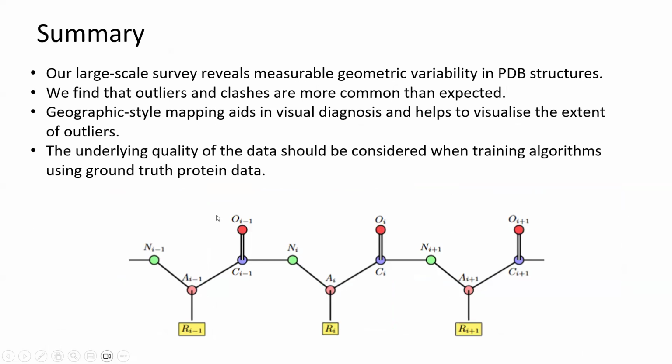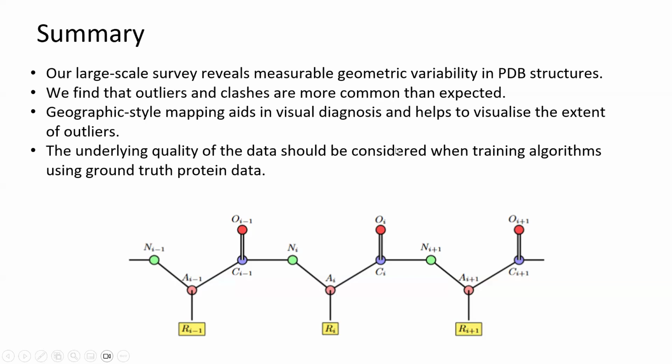So probably gone through that quite quickly, but just to summarize, we performed a large-scale survey which reveals measurable geometric variability within the PDB. We find that we've got a lot of these outliers and clashes, and maybe they're a bit more common than expected. We've used these geographic style maps that we showed in the last slides that aid in visual diagnosis of outliers and help us to visualize the extent of them.